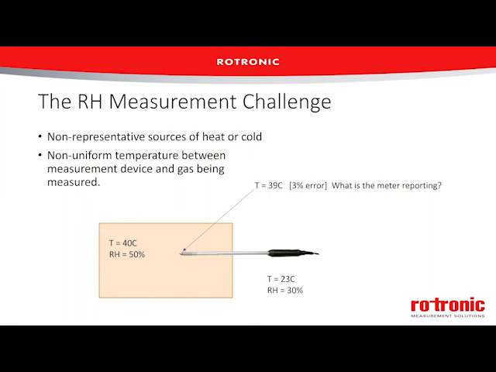In this example, we've just said it's 1 degree lower, and that gives us a 3% RH error. So this is one place where we can very quickly see that we need to make sure that the RH sensor has fully stabilized, come to equilibrium, and does not have any exterior temperature influences on it. Otherwise, we will get an incorrect reading.